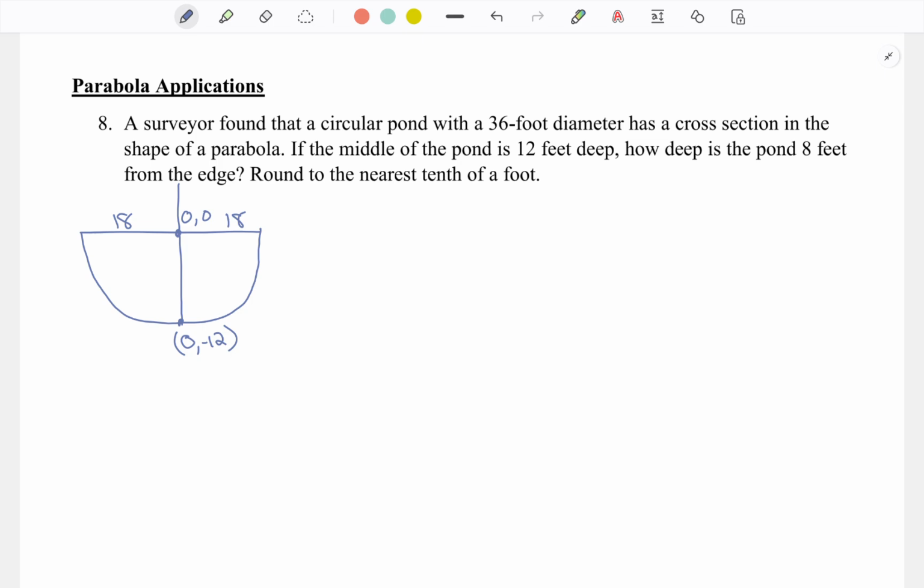So we are going to plug in 18 as our coordinate and 0, because we do have enough information to go ahead and back up and find p.